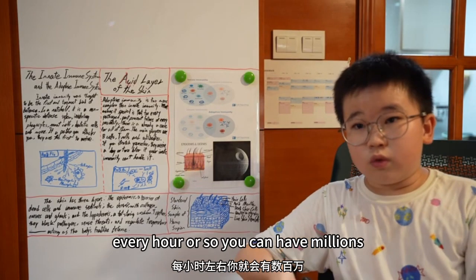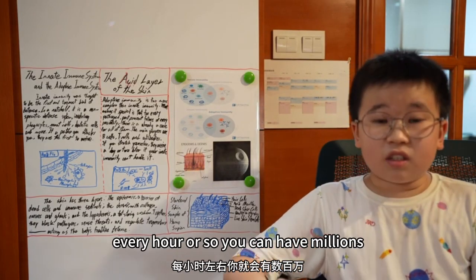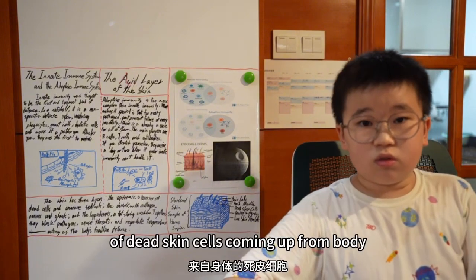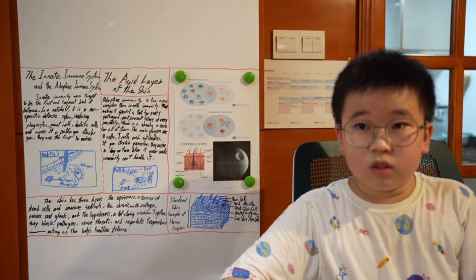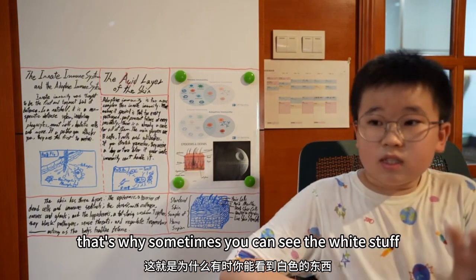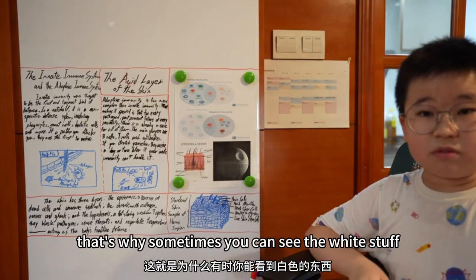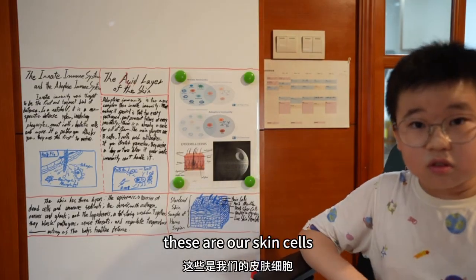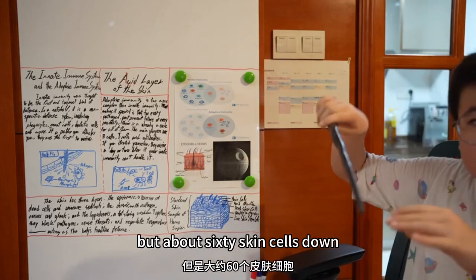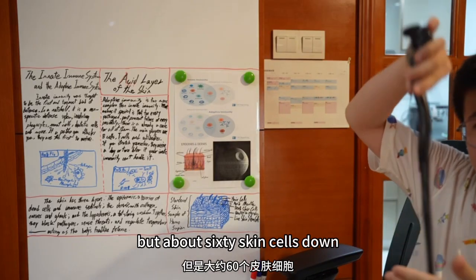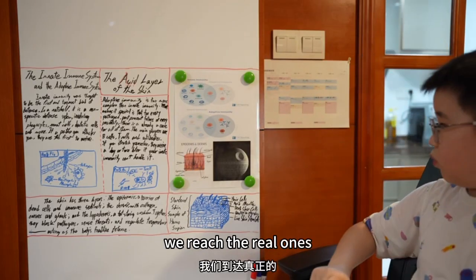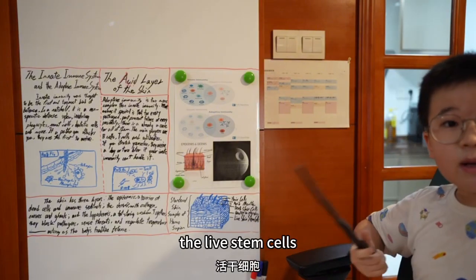Every hour or so, you can have millions of dead skin cells coming up from the body. That's why sometimes you can see the white stuff. These are our skin cells. But about 60 skin cells down, we reach the real ones, the live stem cells.